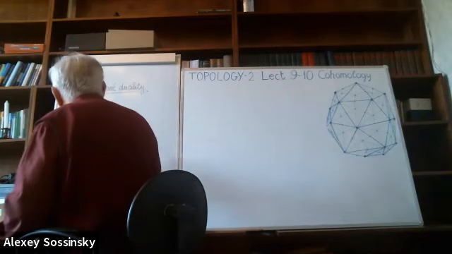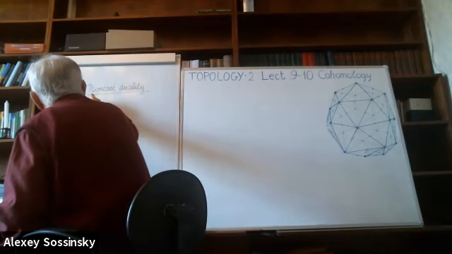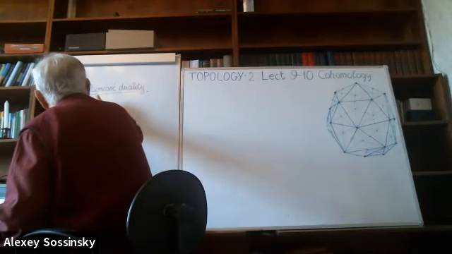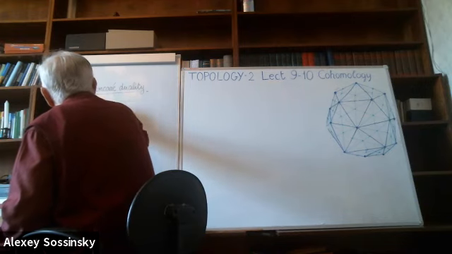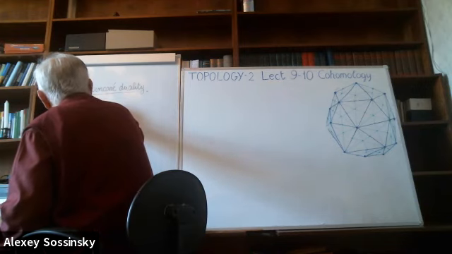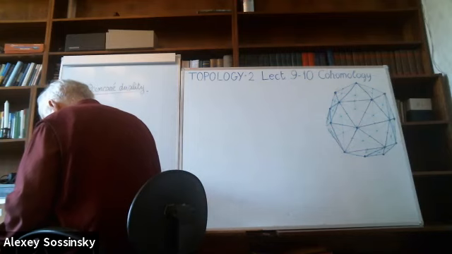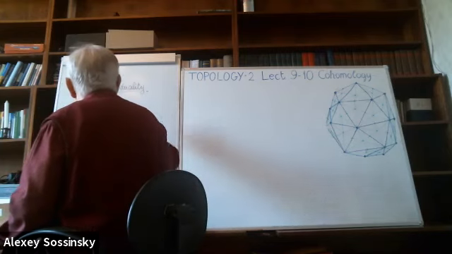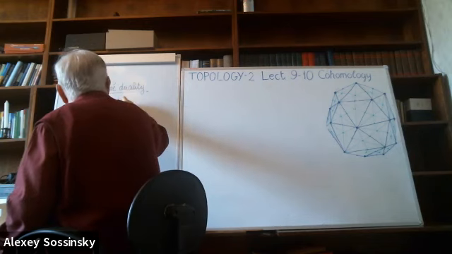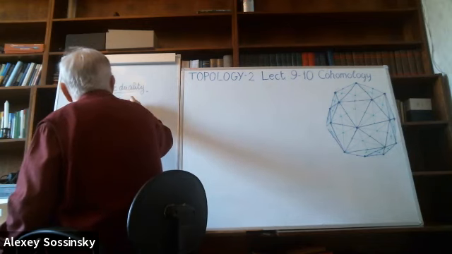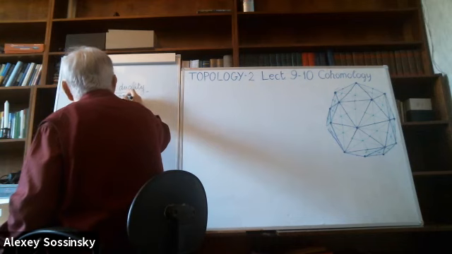We're going to construct a bijection between simplices delta ki and certain cells, which I'll denote by delta n minus ki.